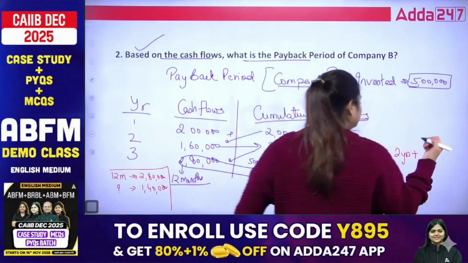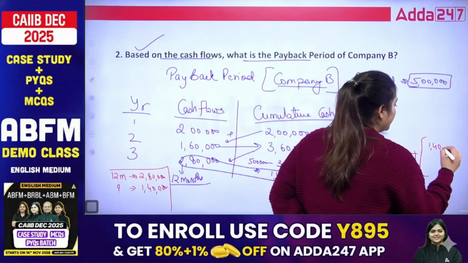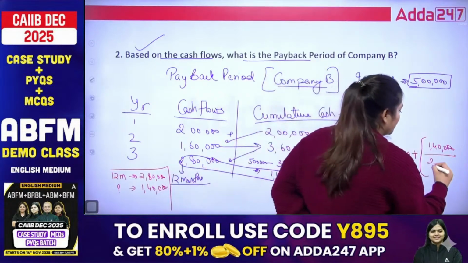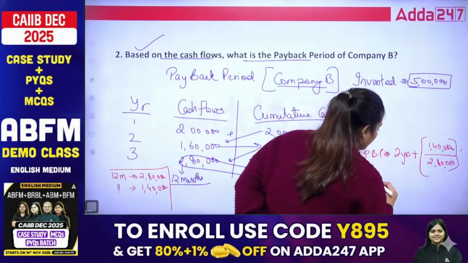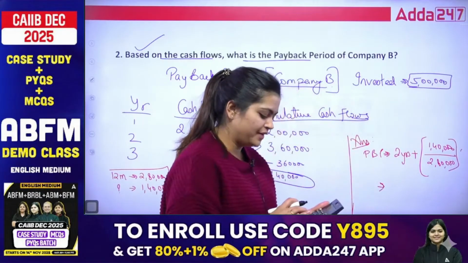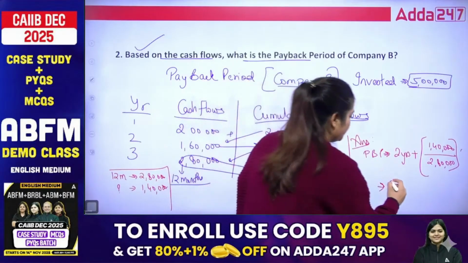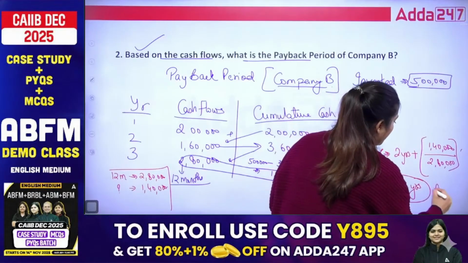Then in your third year you will be taking 1 lakh 40. This is the requirement, and the total amount is 2 lakh 80. So if you solve it, that is 1 lakh 40 divided by 2 lakh 80. This is going to be 2.5 years, and this is your answer.